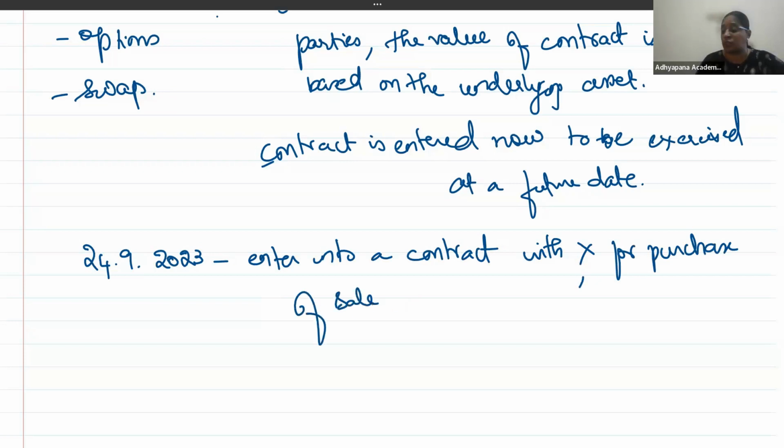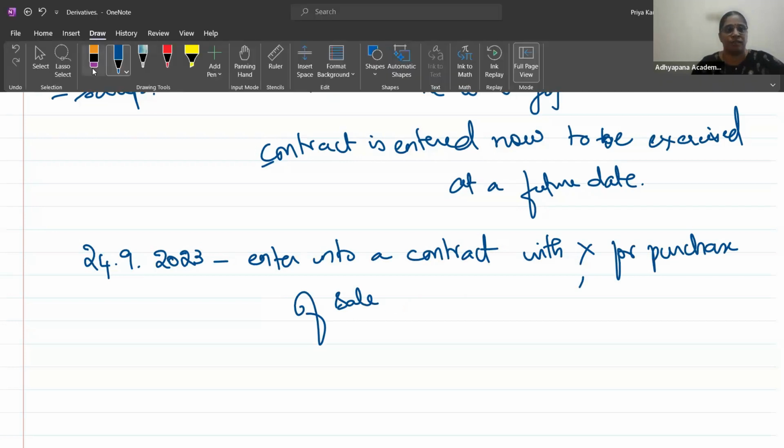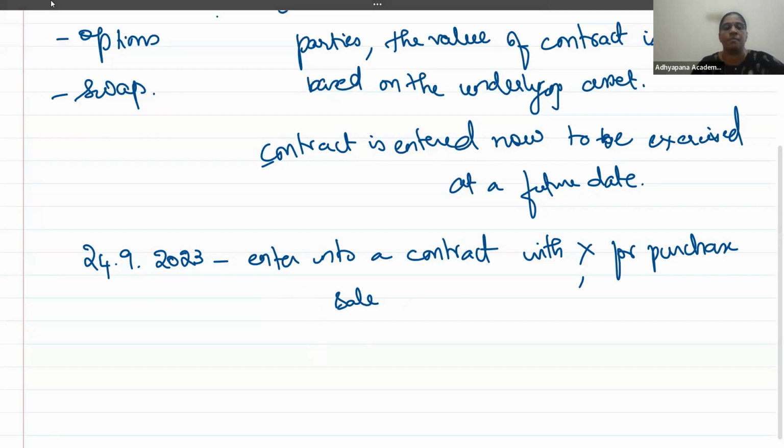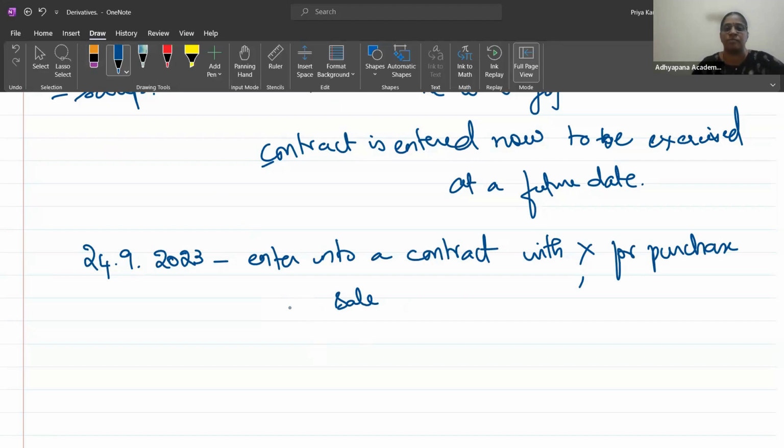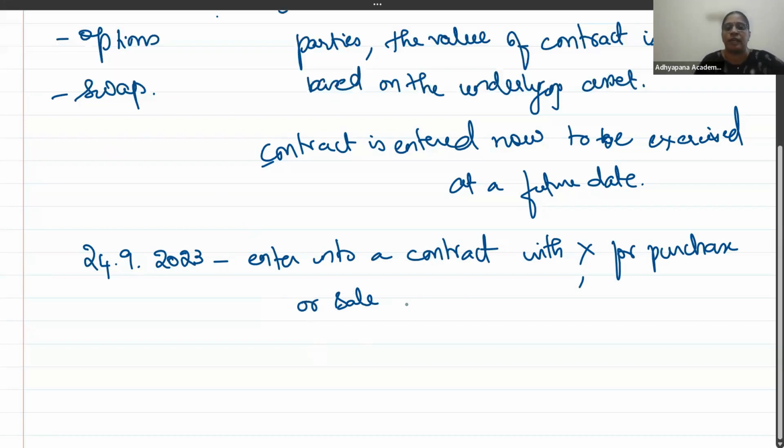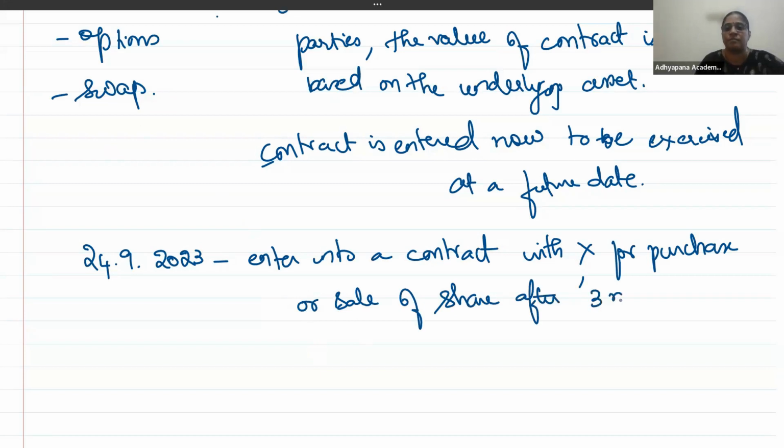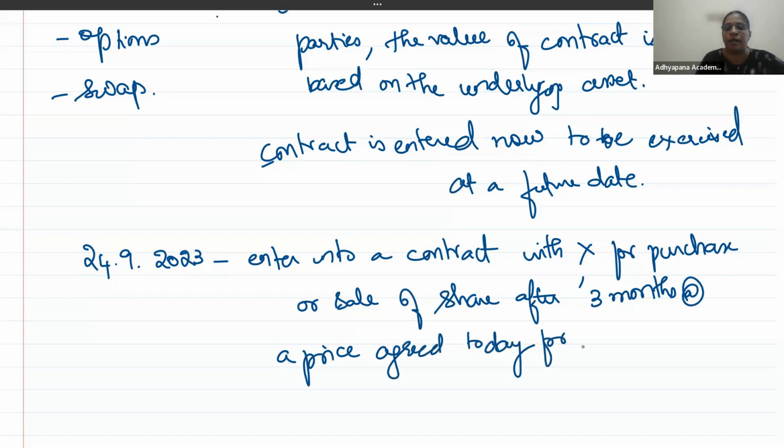Not immediately, maybe after 3 months, at a price agreed today, for exercise after 3 months.